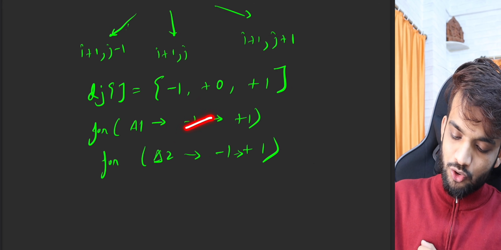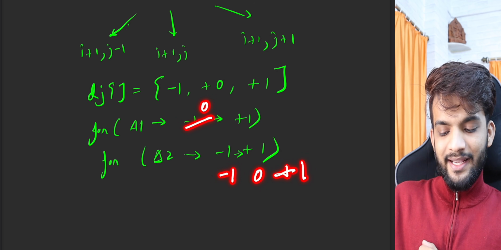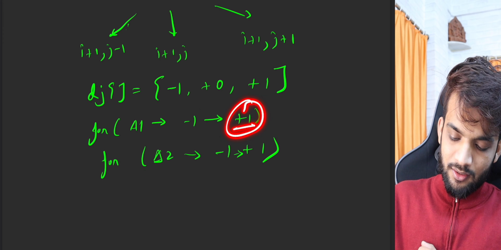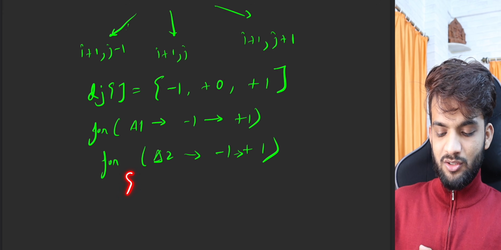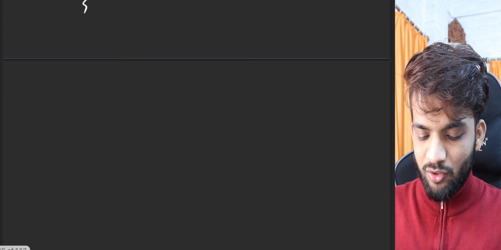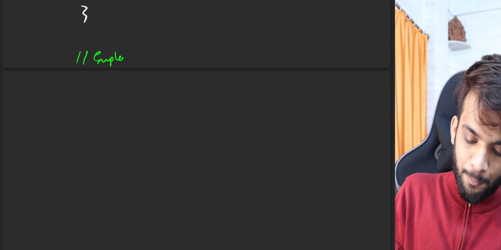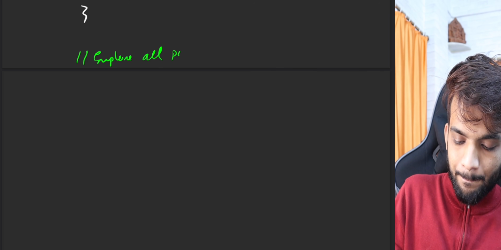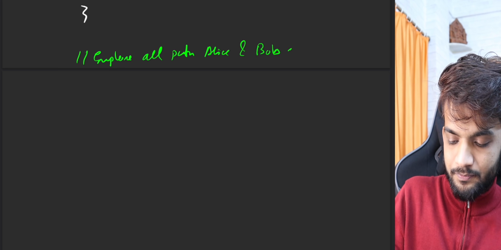Next time when delta 1 goes to 0, delta 2 assumes minus 1, 0 and 1. Next time when this goes to plus 1, this is minus 1, 0, 1. So you're exploring 3 cross 3 paths easily. So this is what you just need to write. So can I say there are 3 different paths? So now explore all the paths. Let's explore all paths Alice and Bob can go together.